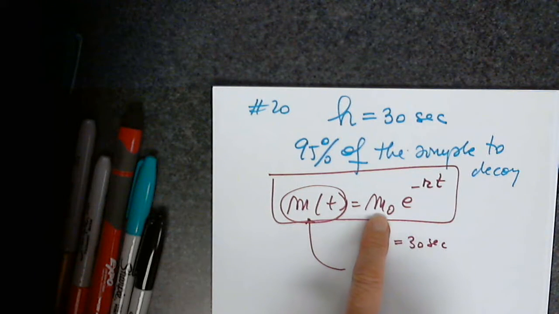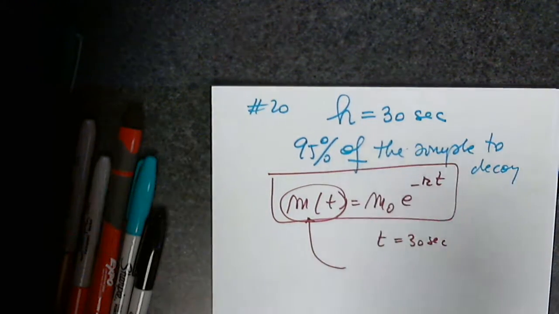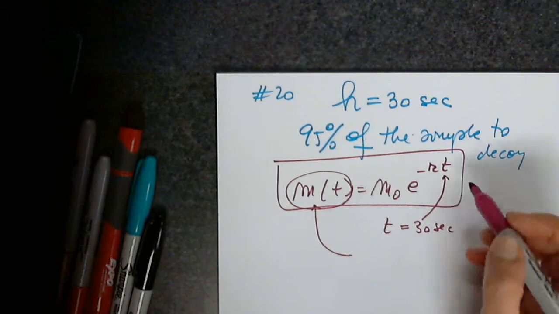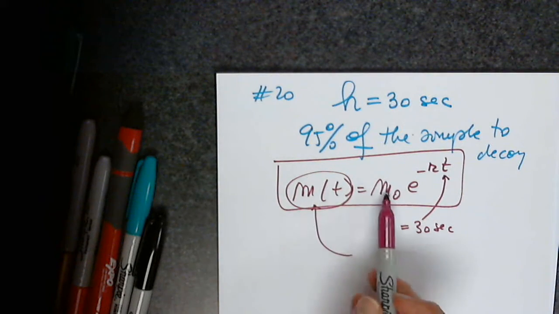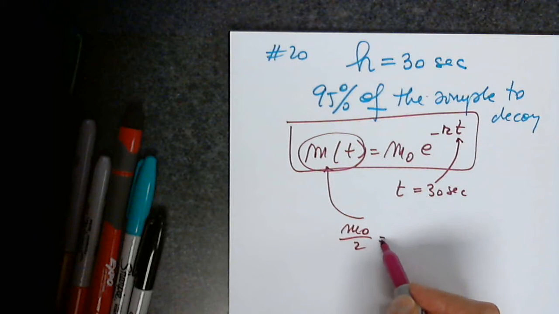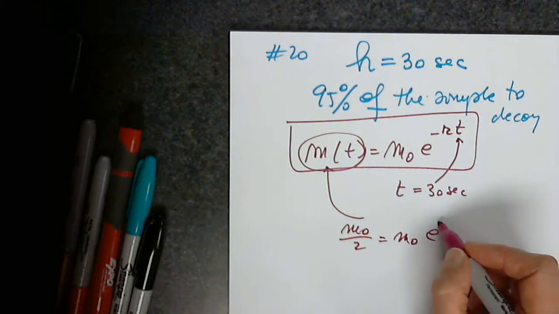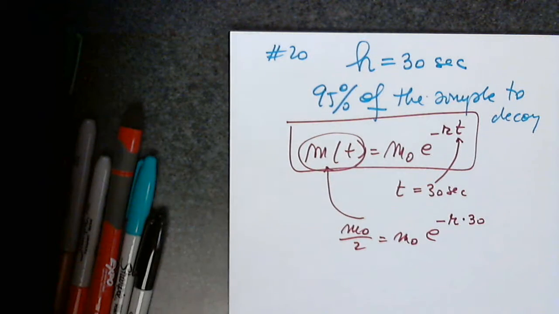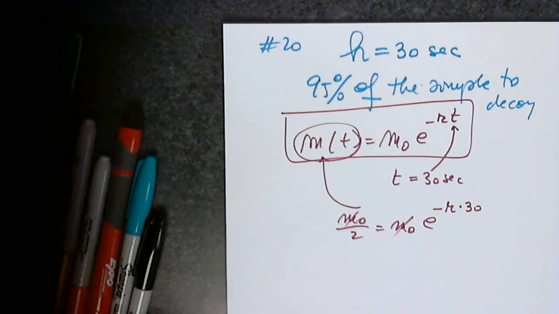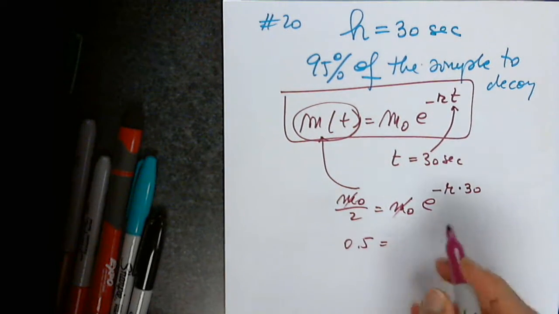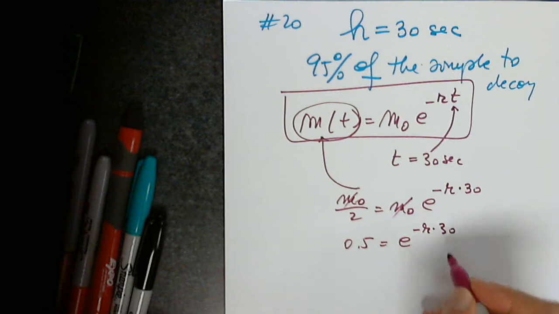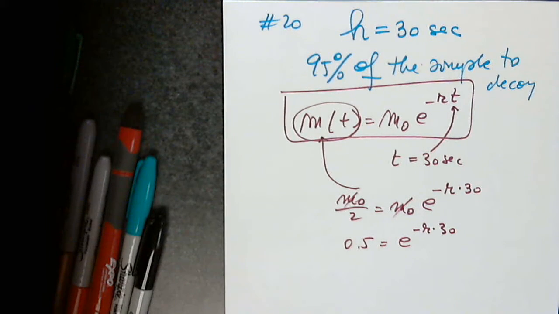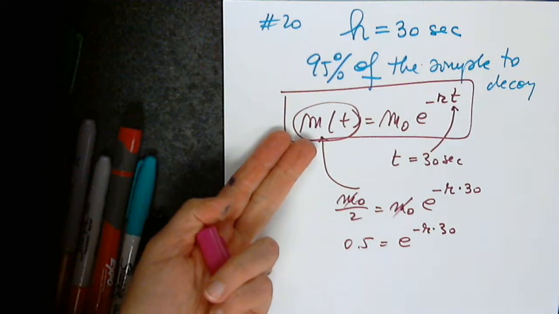Half of m0, right? So m0 divided by 2 equals m0 e to negative r times 30. I didn't have to go back to any formula. I simplify. This is 0.5 equals e to negative r times 30. And I know how to find r. I didn't look at any formula, but I need to remember the model.